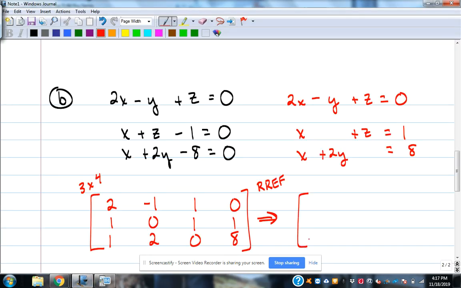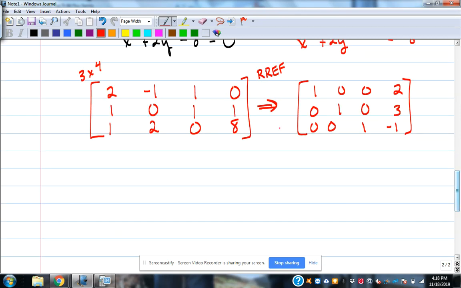Not to say that you won't ever get fractions as answers. You will. So this one, you have x is equal to 2, y is equal to 3, z is equal to -1. So you get this ordered triple, 2, 3, -1, x, y, z.